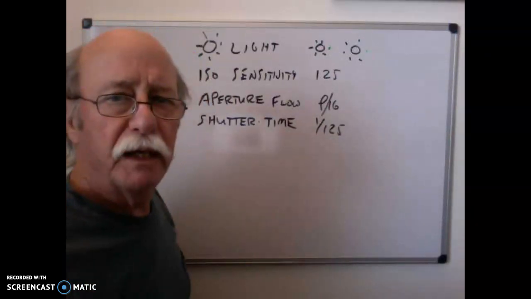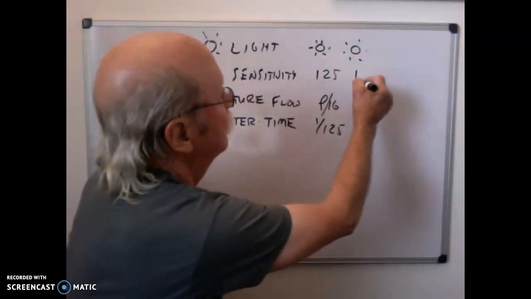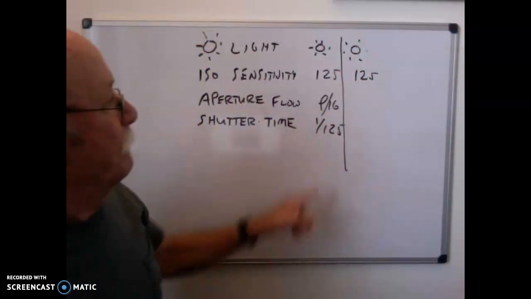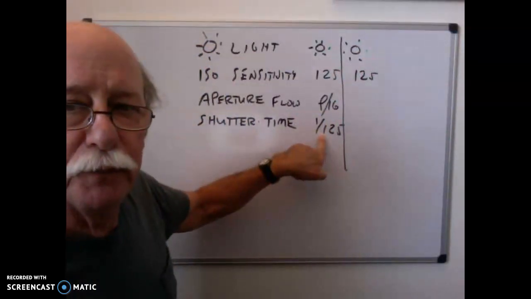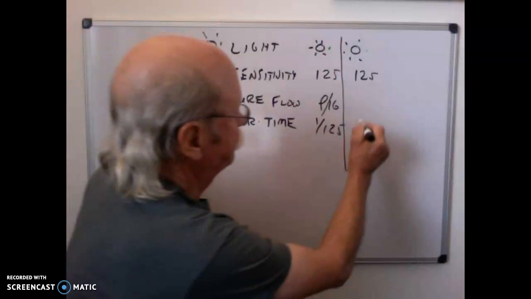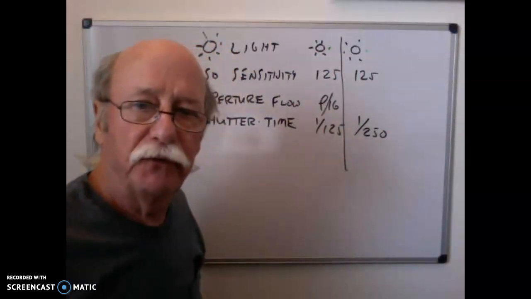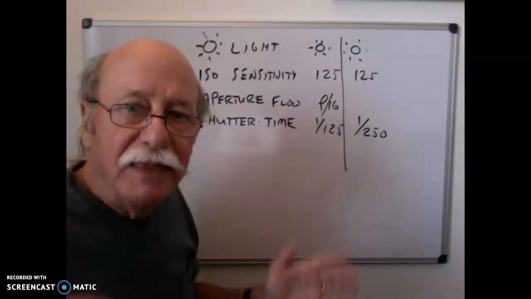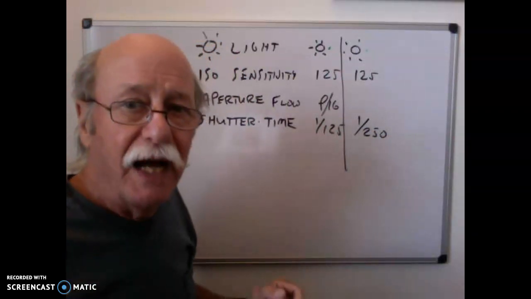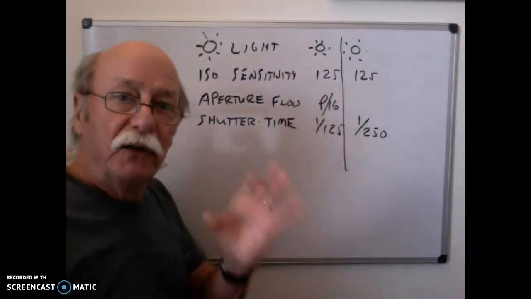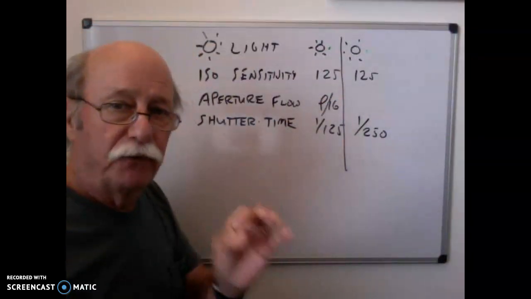I'm going to leave my ISO at 125. I'm going to change my shutter speed to half as long. 1/250th of a second is half as long. Now, in order to get away with that, I am going to have to make the flow rate, the aperture, twice as large for half as long.